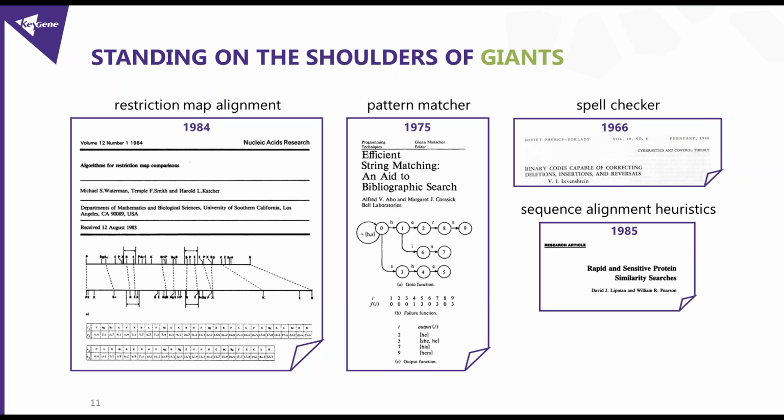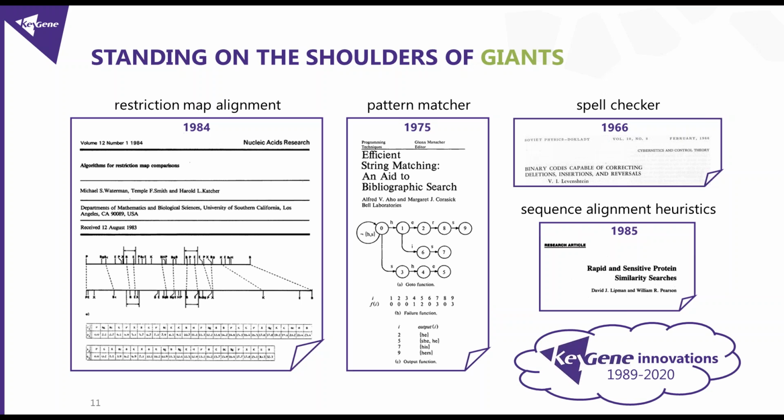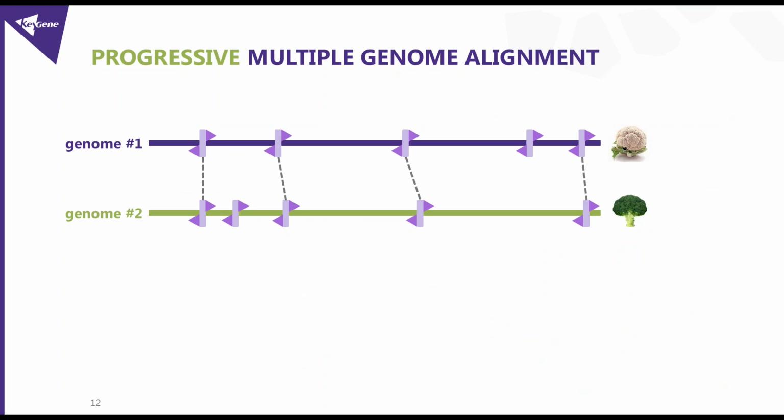And finally, to align the sequence in between the restriction sites, we make clever use of sequence alignment heuristics, such as those found, for example, in the FASTA algorithm. Well, taking these algorithms together and combining this with the innovations of 30 years of KeyGene, we have now built a super fast and highly sensitive genome aligner.